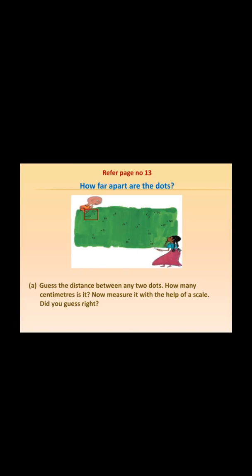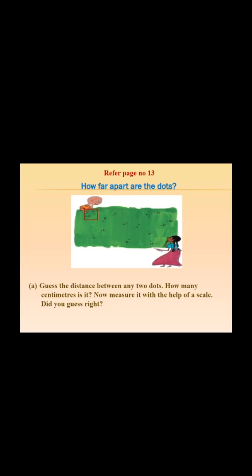Well, children, now you have to select two different dots. As I select dot O and D. Now, guess the distance between these two dots. I think the distance between these two dots, that is dot O and D, will be approximately 1 centimeter.